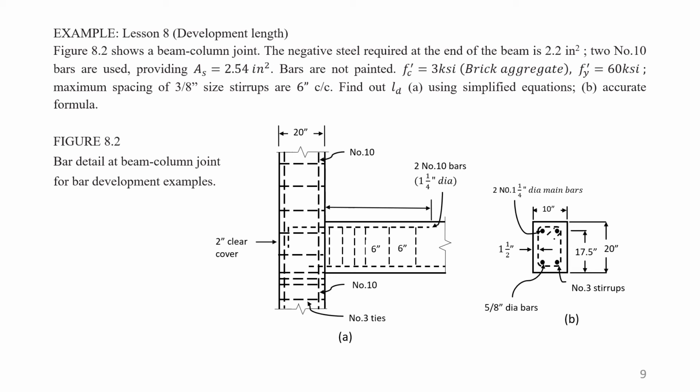And this is the book problem, and the values are given there. There is a 3/8 inch stirrup, a number 3 bar, and the spacing of the stirrup is 6 inch center to center.